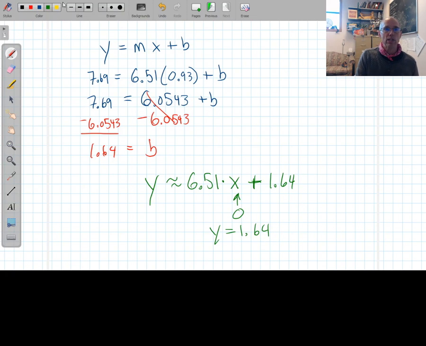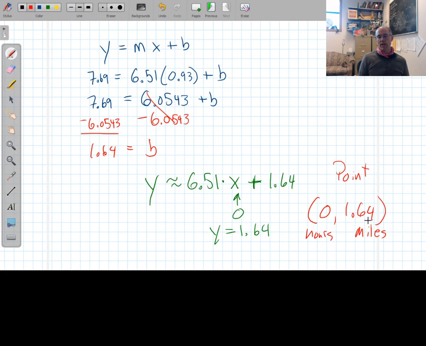So that's the point 0, 1.64. So the y-intercept is a point. In this case, the 0 is hours, that's my x, and this is miles. So this point says if I don't bike any hours, no time biking, I've already covered 1.5 miles.